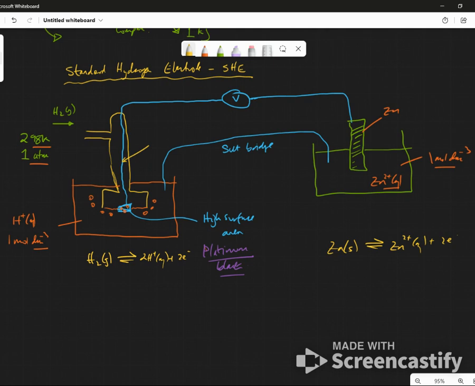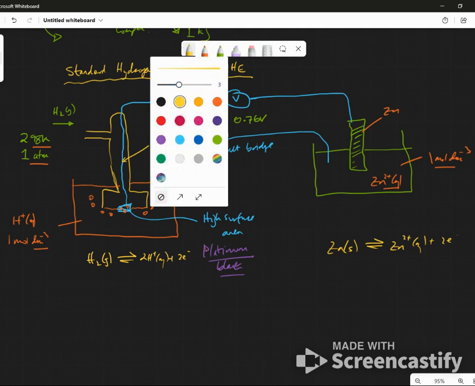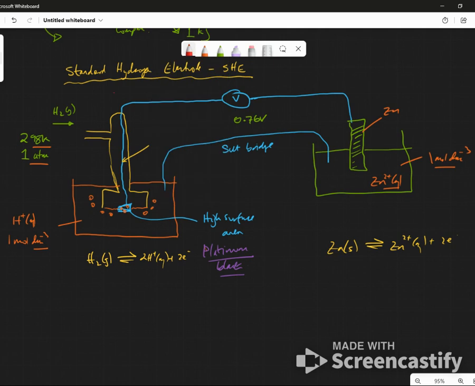All right. So anyway, we hook this all up, and I find on my voltmeter I'm going to get 0.76 volts. Now, the way I hook this up, I find that the positive of my voltmeter is connected to the hydrogen side, and the negative of the voltmeter is connected to the zinc side.